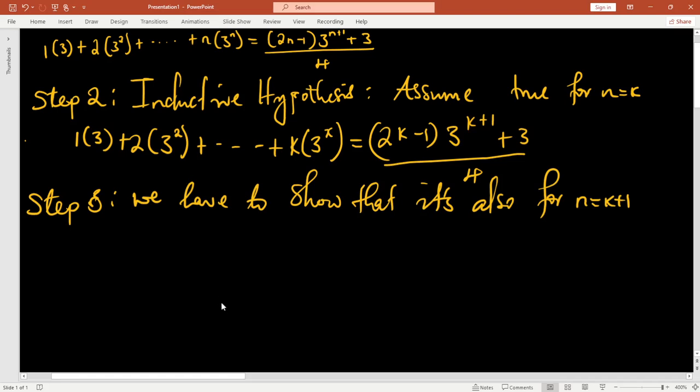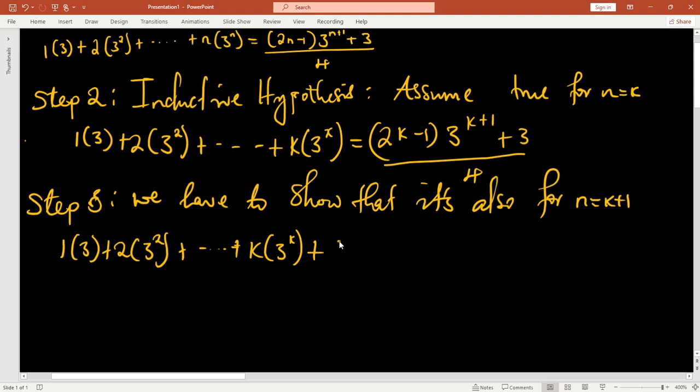So we copy again the expression the way it is, 1, 3, plus 2, 3 to the power 2 plus up to the k term. So the k term, we have k, 3 to the power k, plus, since we're talking of the k plus 1 term, we move a step further from k, going to the right, so that's going to be our k plus 1 term.